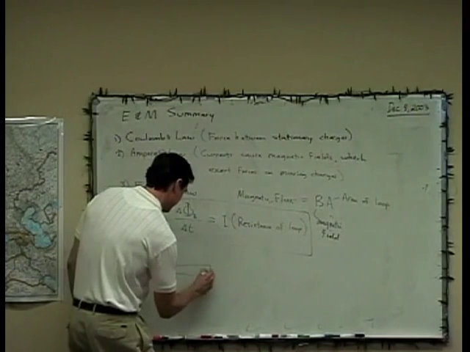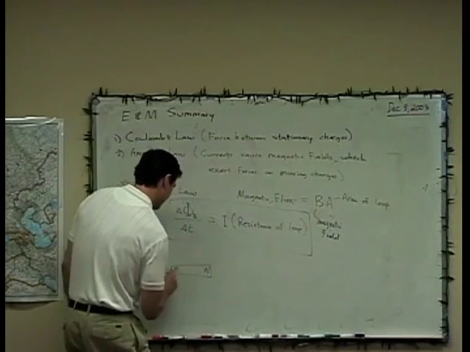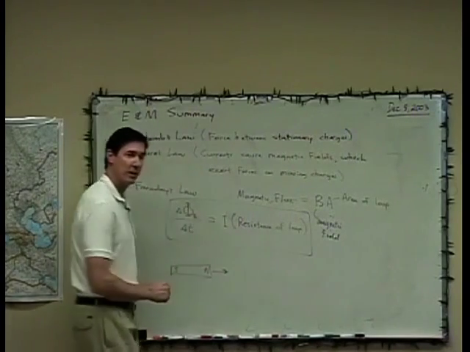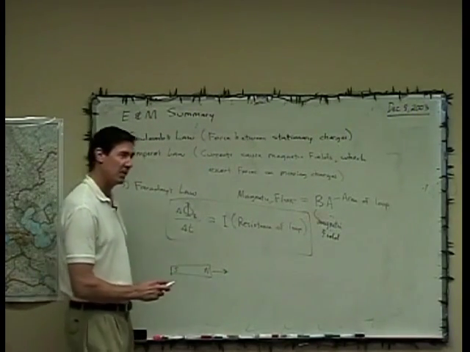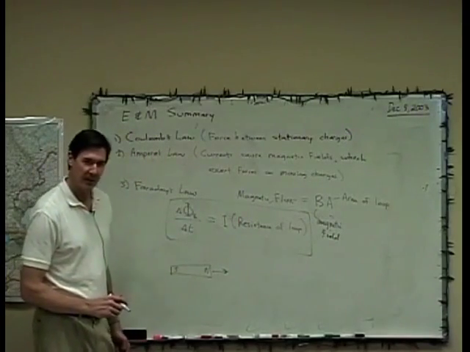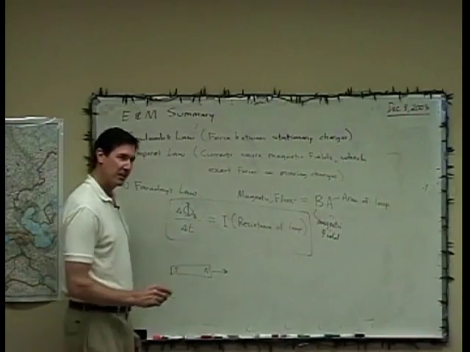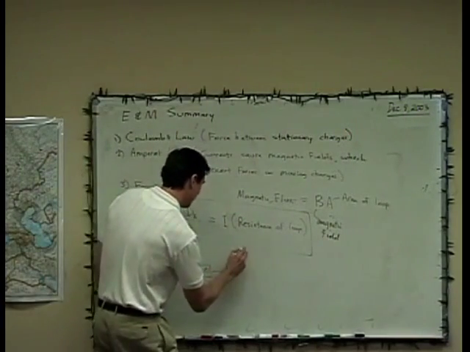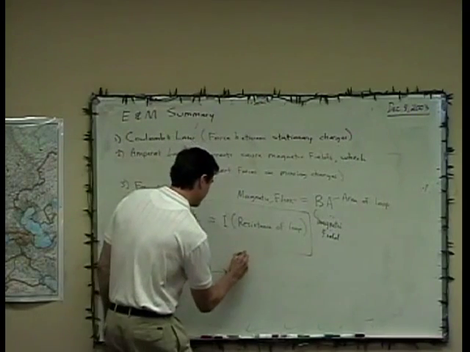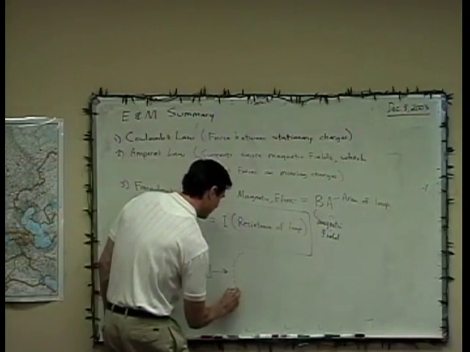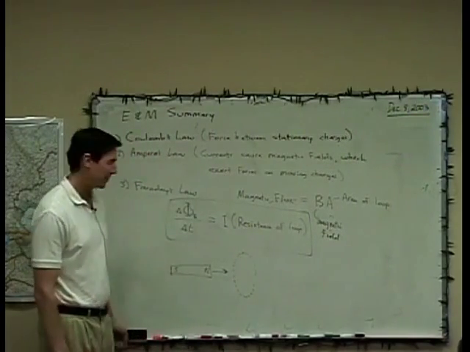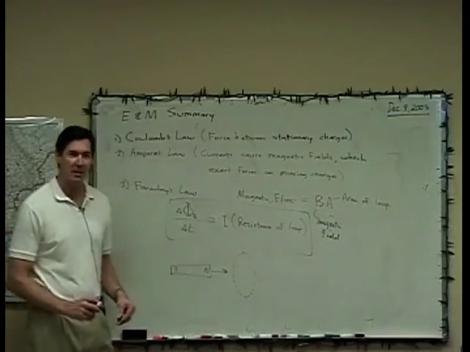We've got a magnet, and let's say we're moving it toward the right here. Now consider, now we don't have a wire, but just consider an imaginary loop there in space. We're going to move that magnet through it.